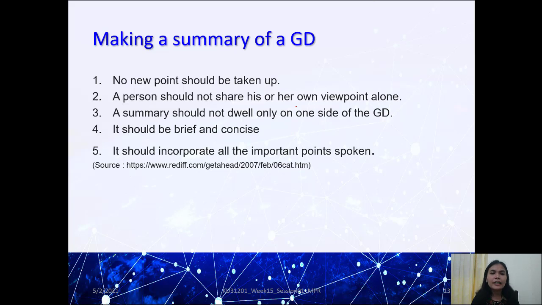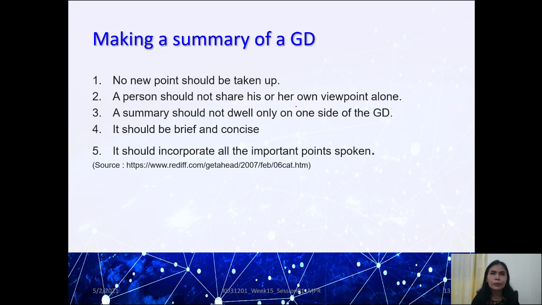Okay, and then after that, it's not only for one person's point of view. It's holistic. It's based on A, B, C, and D, all the members. And it does not dwell on only one side of the group discussion.